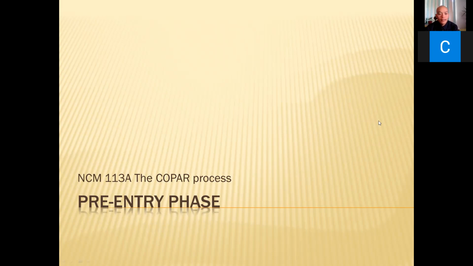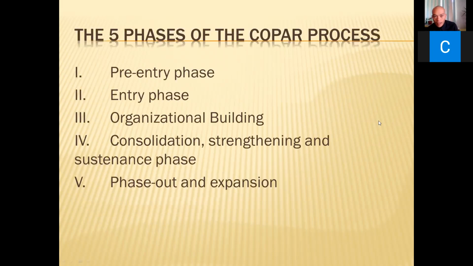Okay, so let's continue. The 5 phases of the COPAR process include the pre-entry phase, which we are going to discuss now. The entry phase, this is when you go to the actual community already. Organizational and building is when you start facilitating your activities already within the community.